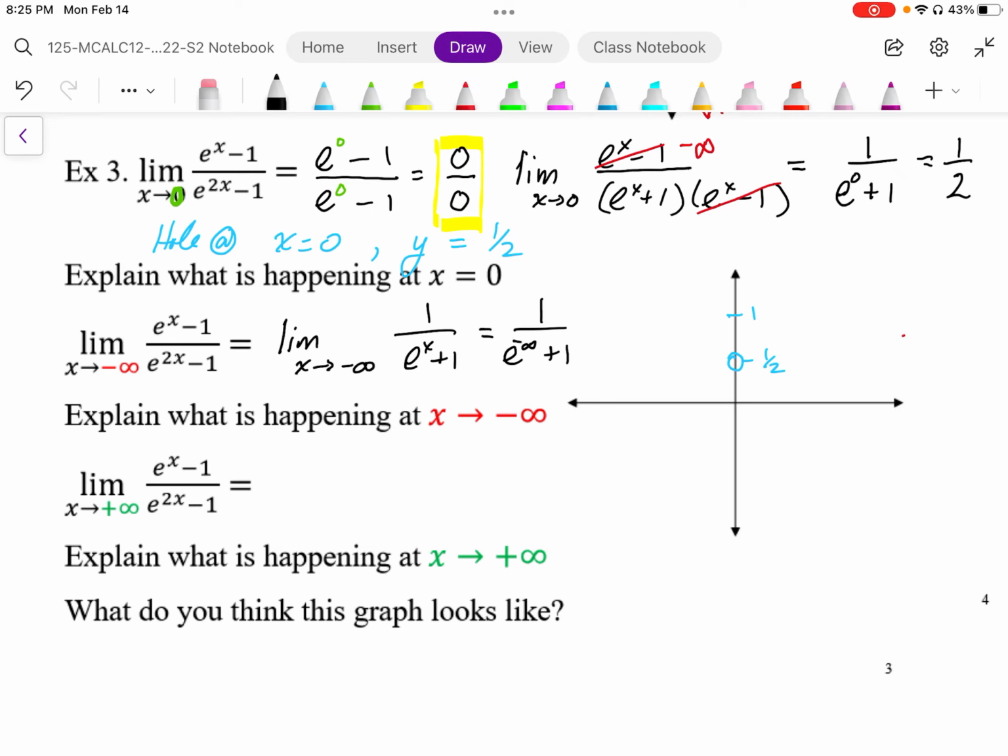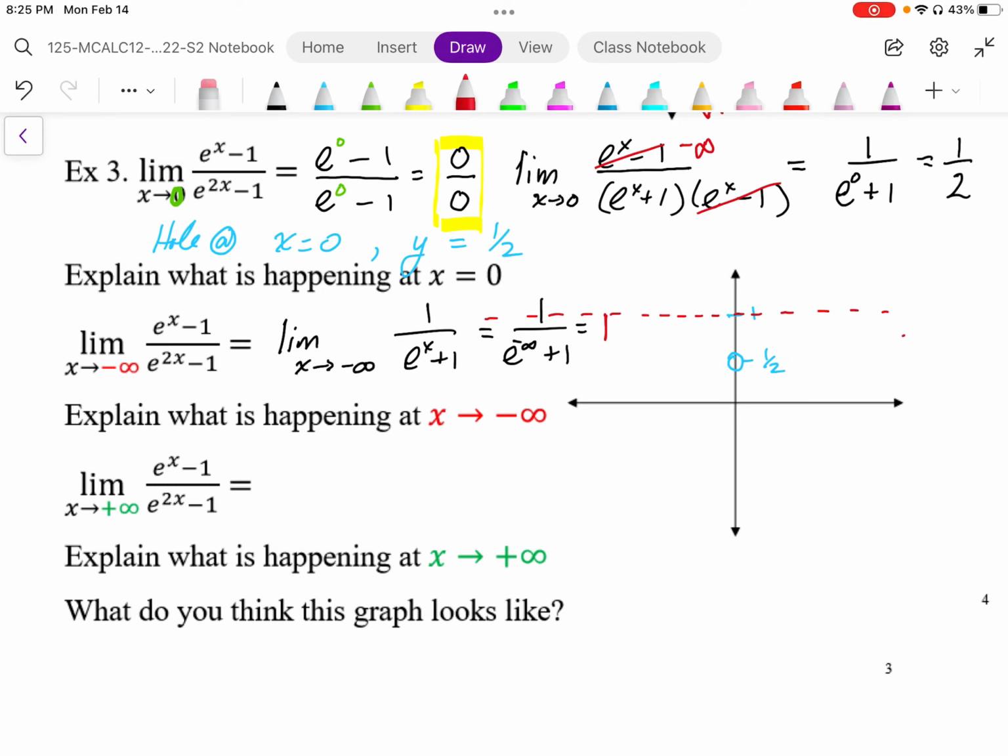E to the negative infinity equals 0. So what I end up with here is I get 1 over 0 plus 1. My limit is equal to 1. So what does that mean? It means that as I approach negative infinity, I end up with a horizontal asymptote at y equals 1.